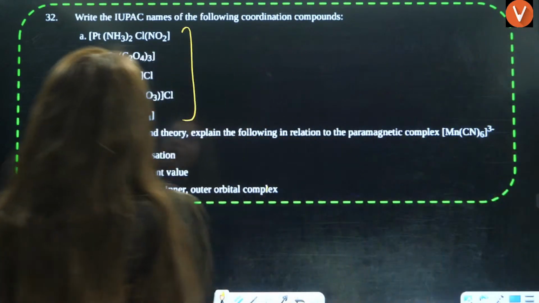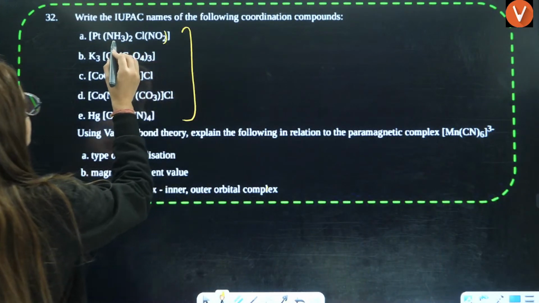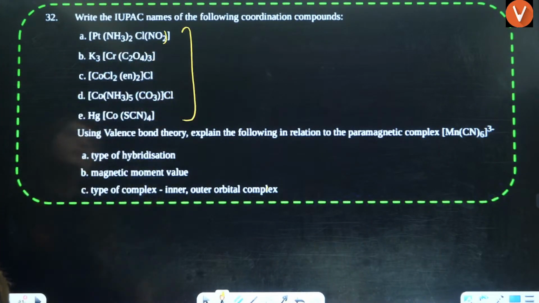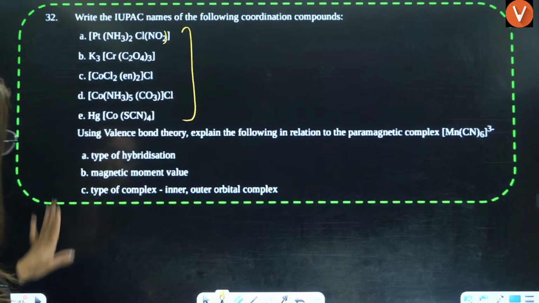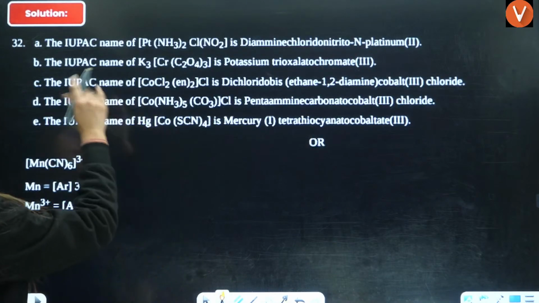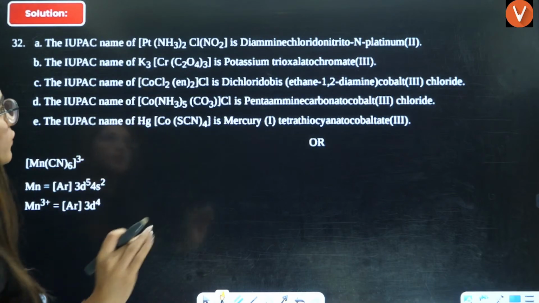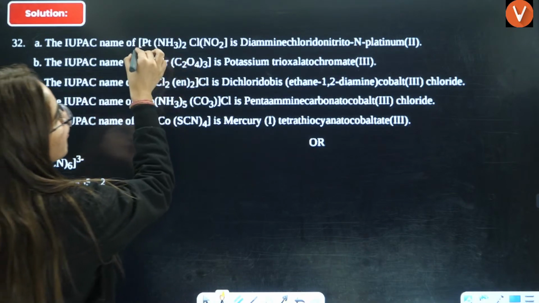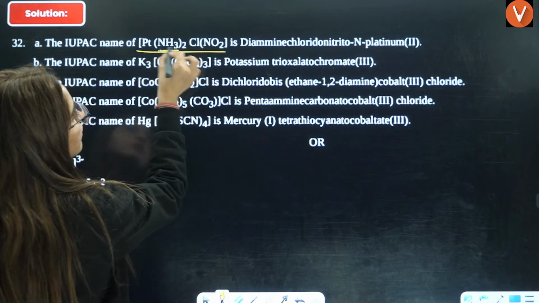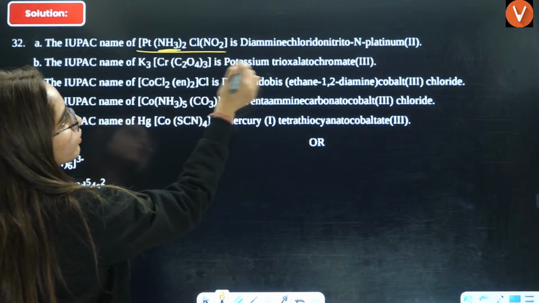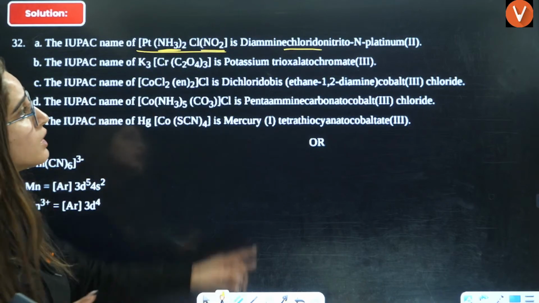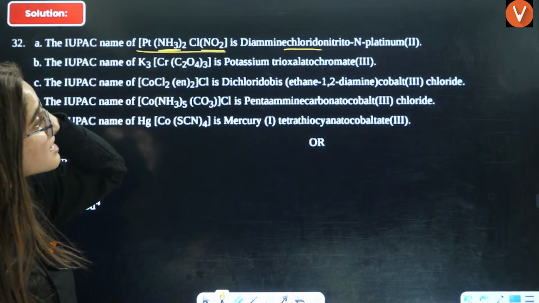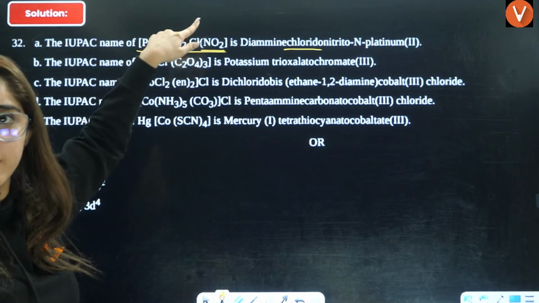So here what you have to do, these are the ligands. Firstly, write the ligands in alphabetical order. This is ammine, nitro and chlorido and platinum over here. So the IUPAC name of this particular one is diammine, chlorido. After that you will have nitrito, and that too because nitrogen is connected here, right?